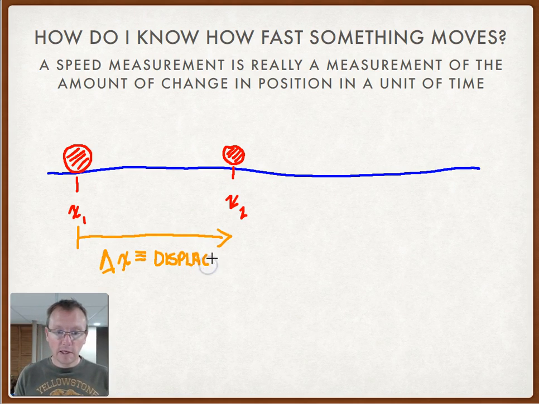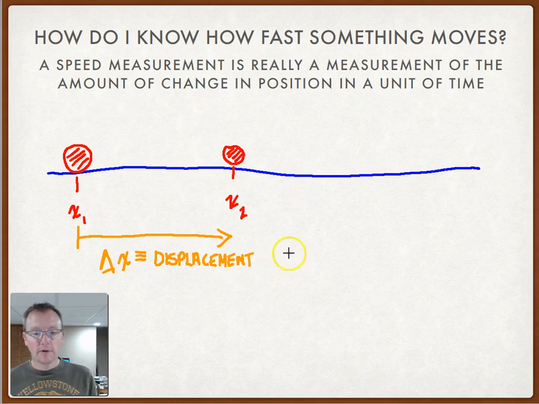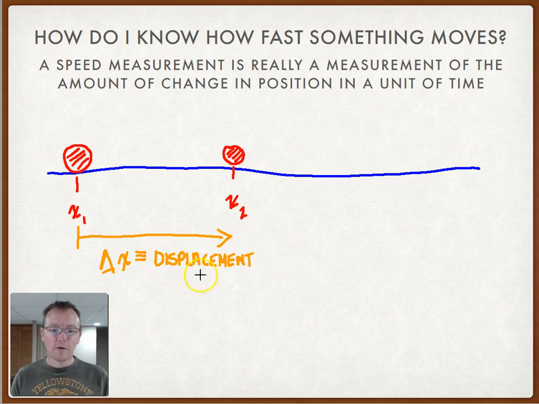So displacement is our new term for delta x. There we go. So there it is, displacement. So I'm going to say that often, and you're just going to have to know what that is because I'm not going to think about it. And that's how it's really referred to, displacement, as this delta x right there.